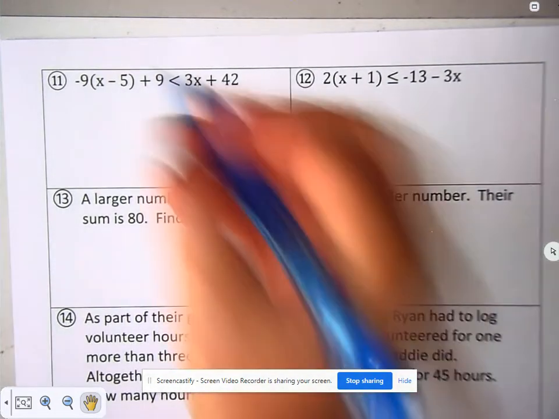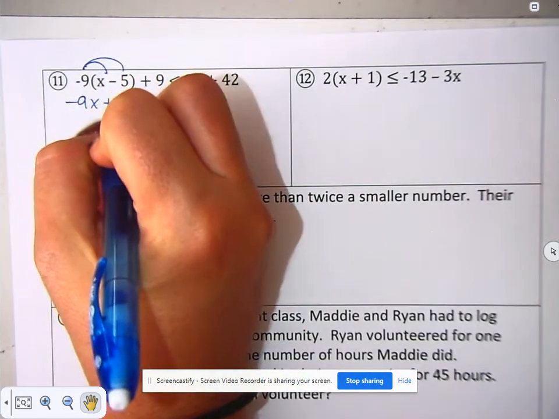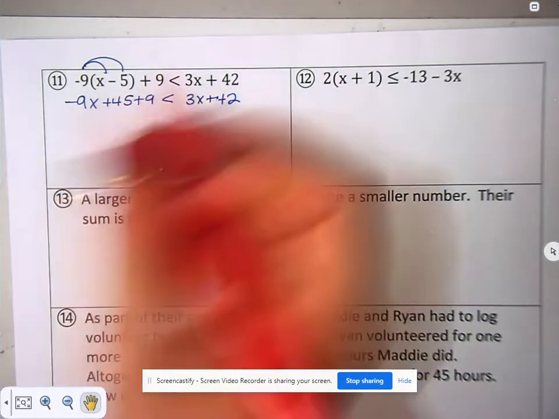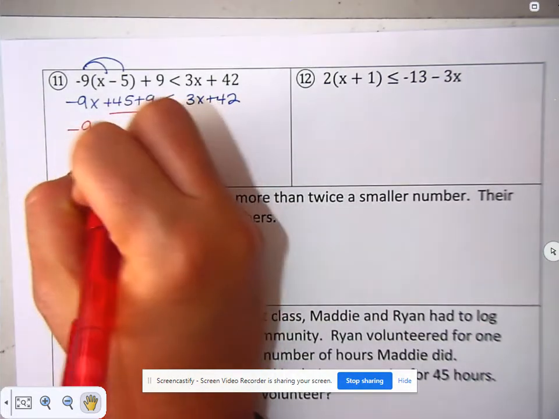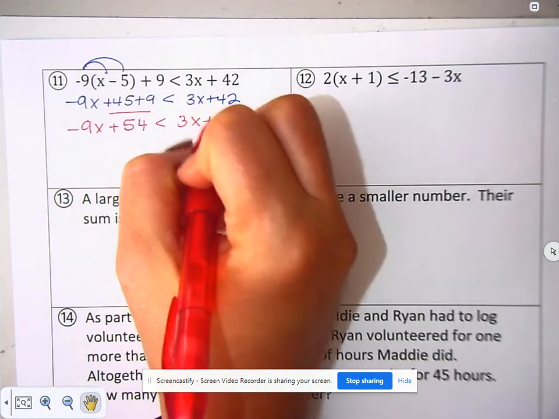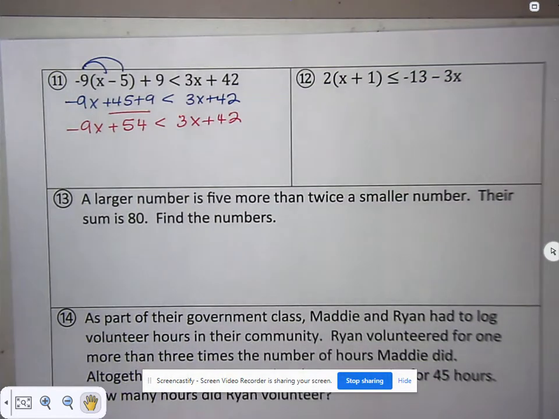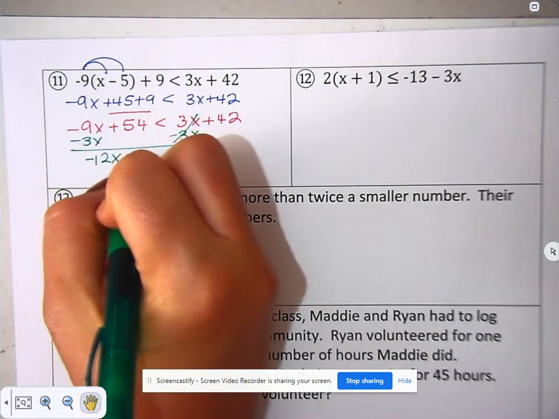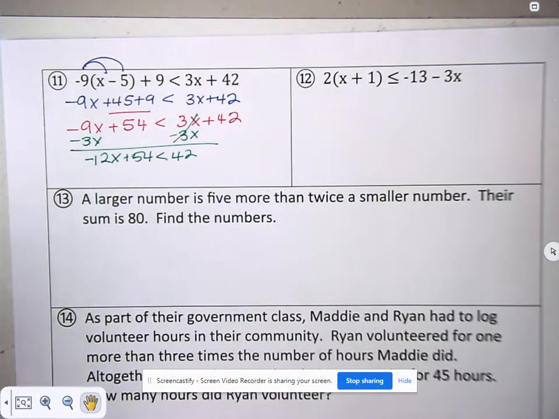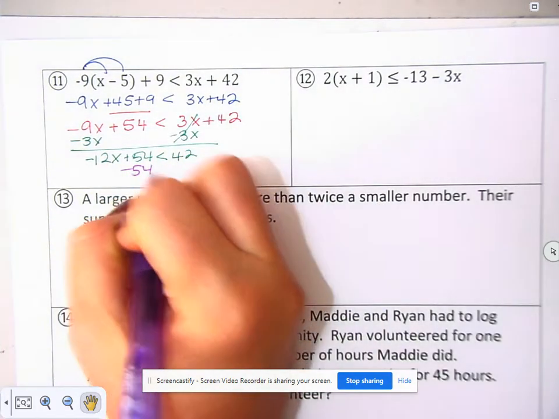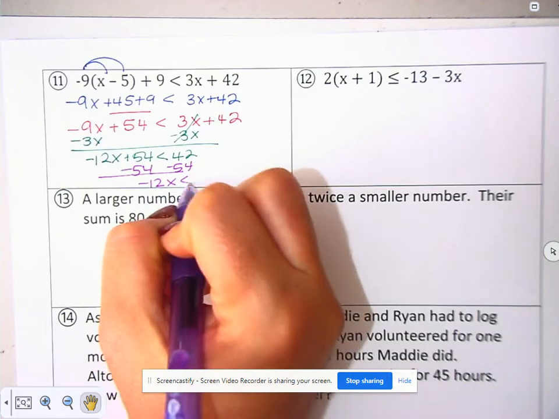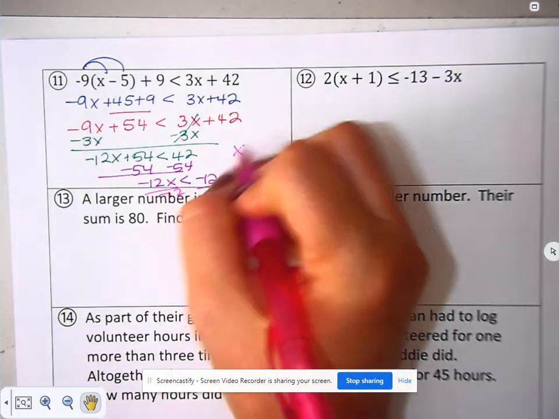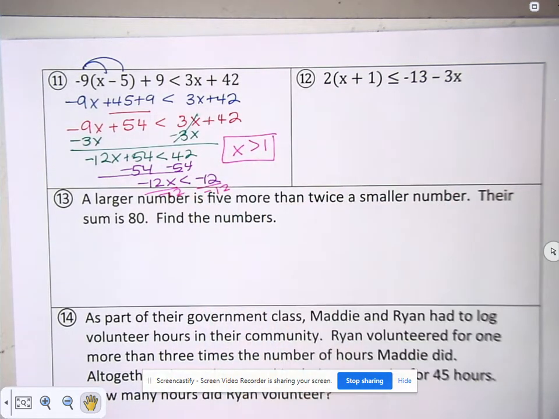Okay, number 11. Distributive property first. Okay, none of your inequalities, I talked about this in class, none of your inequalities will be no solution or infinitely many solutions. We don't do those in Math 1. Okay. So we are going to divide again by a negative, so I am going to flip that sign, and x should be greater than 1.